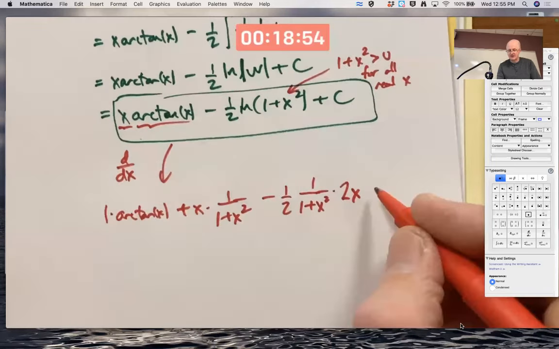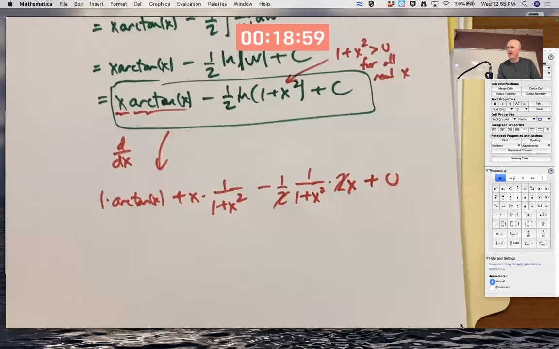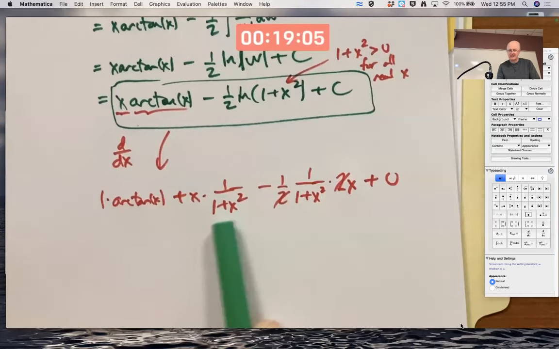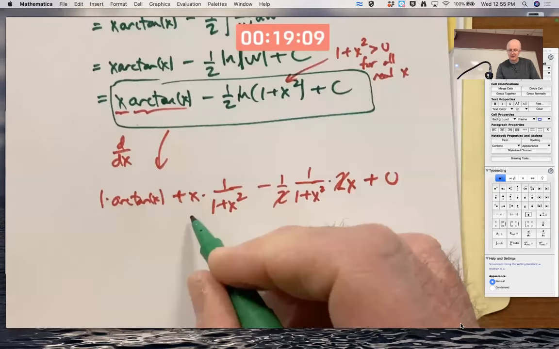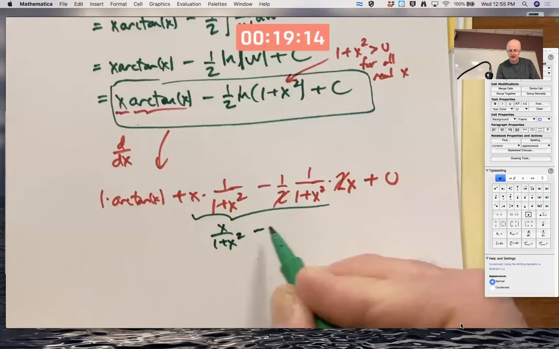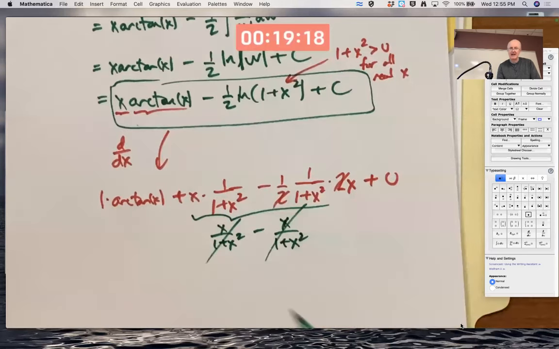C differentiates to 0. The 2's divide out there and there. And then this is x over 1 plus x squared minus really x over 1 plus x squared. And those then cancel like magic.